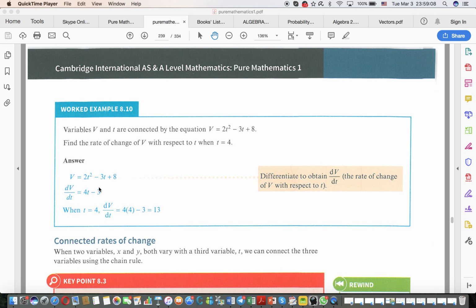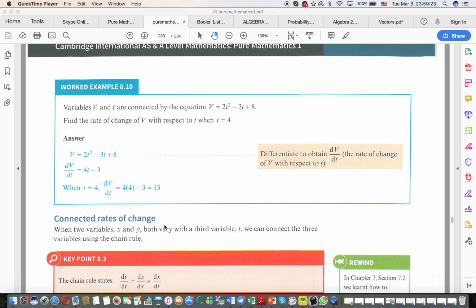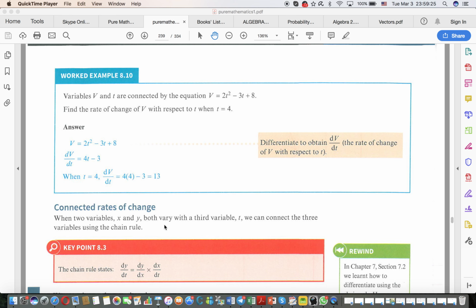Differentiation of minus 3t is minus 3, and 8 is a constant. Differentiation of a constant is 0. And it says when time is 4, so replace t with 4 in the differentiation formula, which gives you 4 times 4 minus 3, giving 13. So the rate of change of v with respect to time in this question is 13.